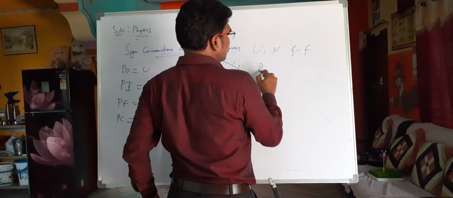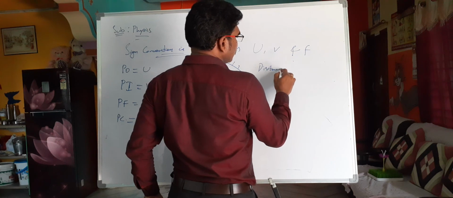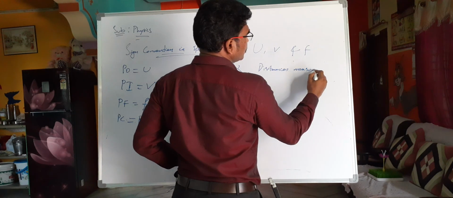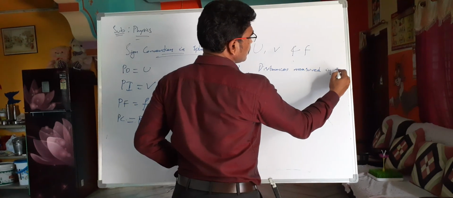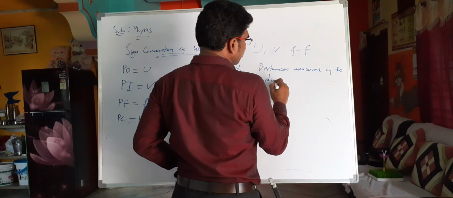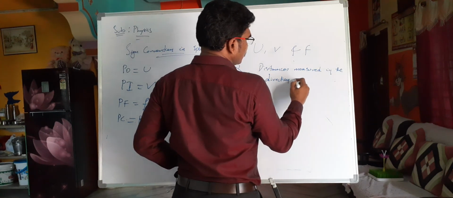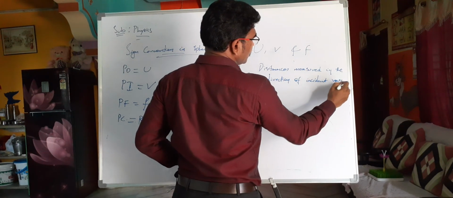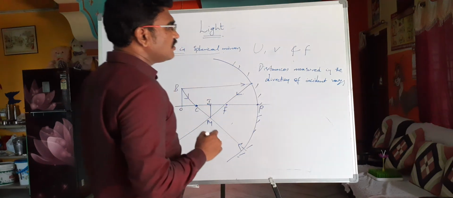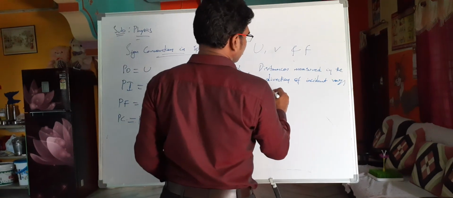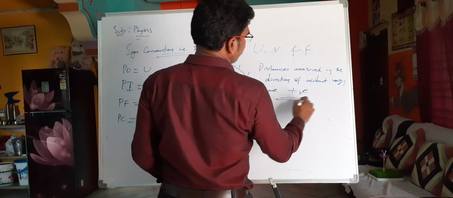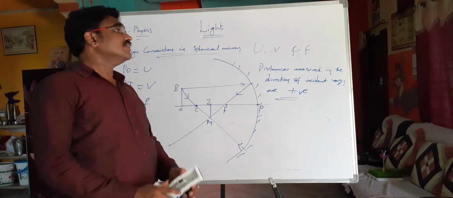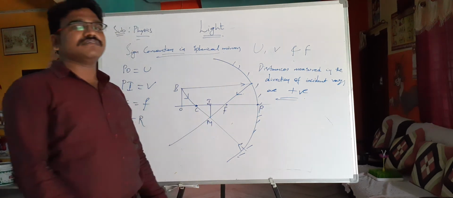You should understand this point: distances measured in the direction of incident rays are positive. It means if the distances are measured opposite to the direction of incident rays, they are negative. Simple. So distances measured in the direction of incident rays are positive.